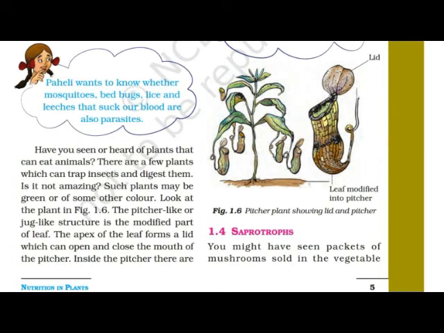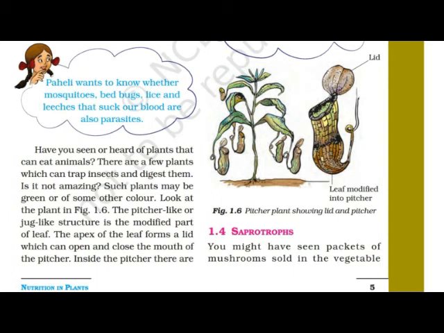Okay students, in this session we have seen activity 1.1, in which we saw how we can detect the presence of starch in the plant with the help of the iodine test.